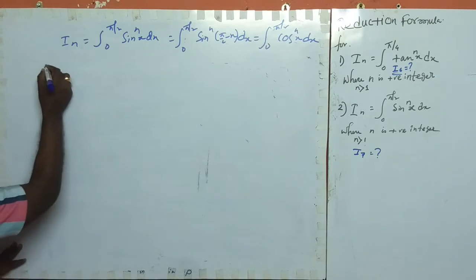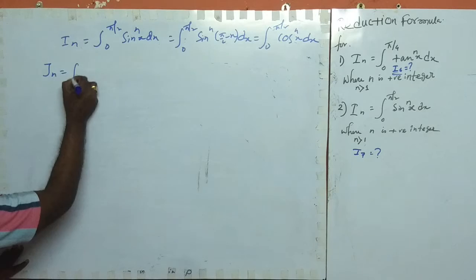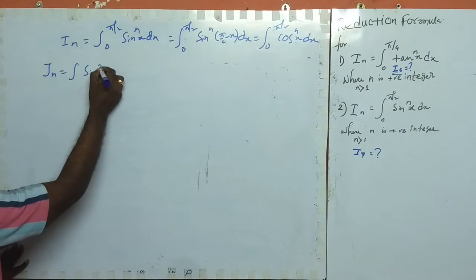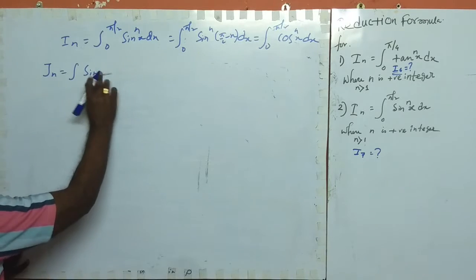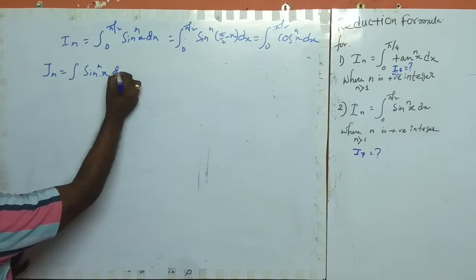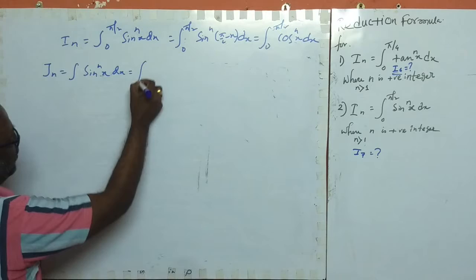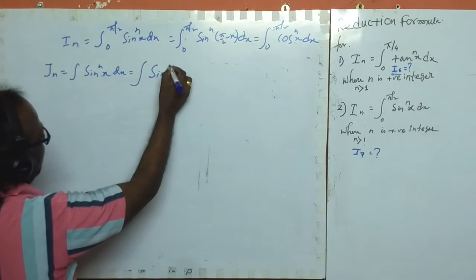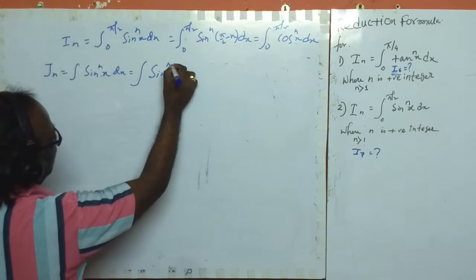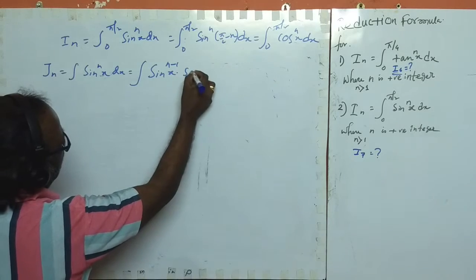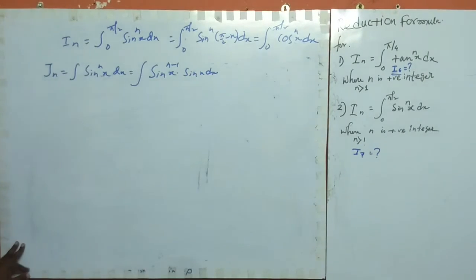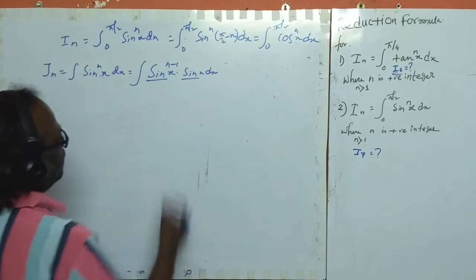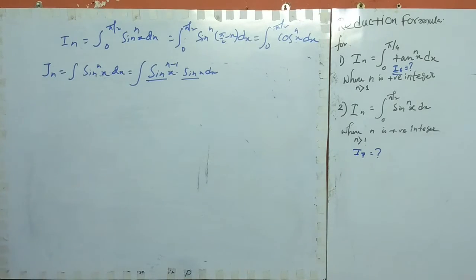And now I have taken Jn without limit. For use of integration by parts, okay, this is the relation Jn.